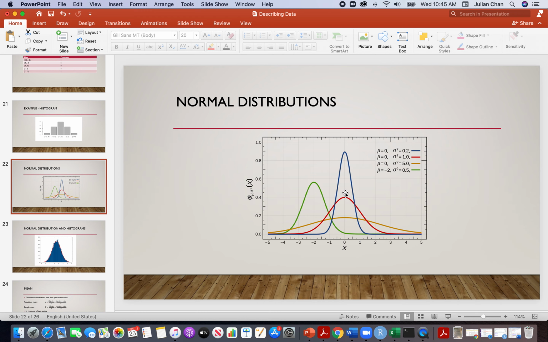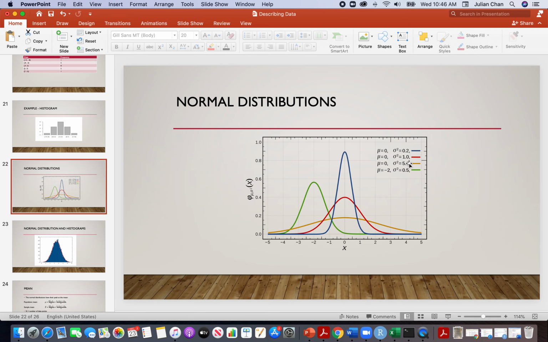It says with much more certainty, most of the observations lie between -1 and 1, but for the red curve, that occurs less frequently. So the standard deviation says that the average occurs much more often or much less often. And so the standard deviation is highly related to probability and really important in statistics.